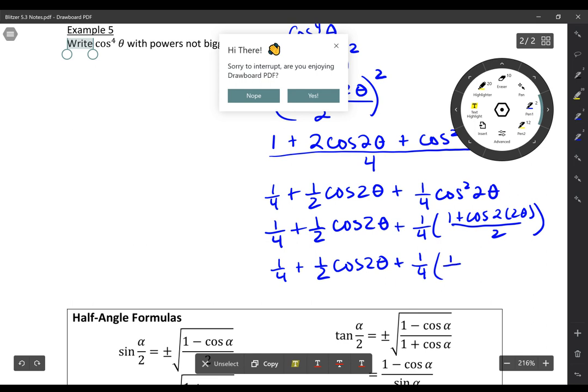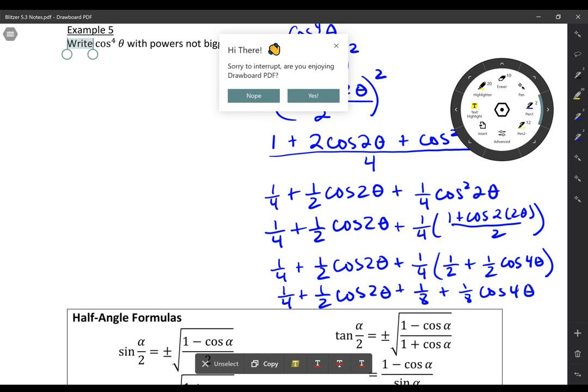So this is going to make a 1/2 plus a 1/2 cosine 4 theta, and then distribute, so plus 1/8 plus 1/8 cosine 4 theta, and I am just out of space here. I'll have to put my final answer on the left.